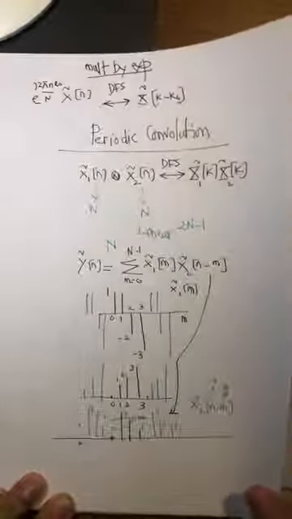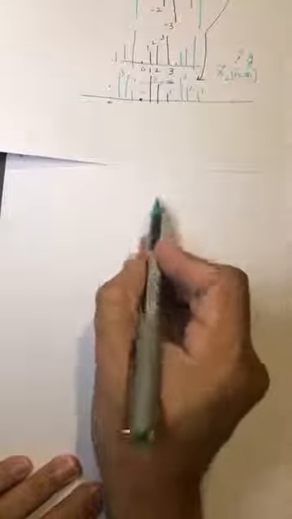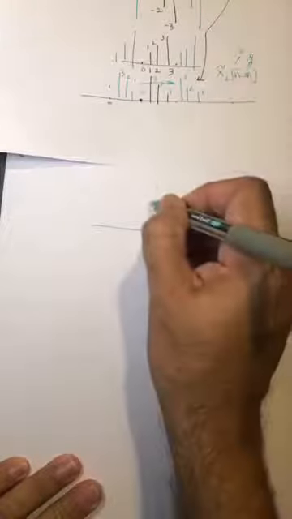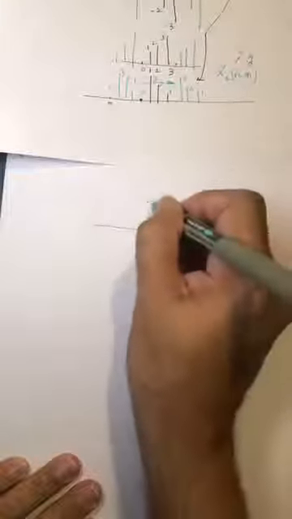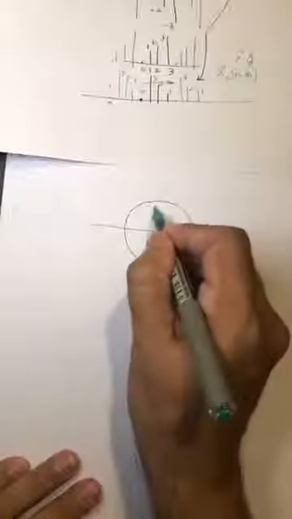But there is a very slick, simple way of doing the same, and that is again the circle. If you are asked to compute the circular convolution, the best way is that you draw a circle. This is your circle, this is your reference.